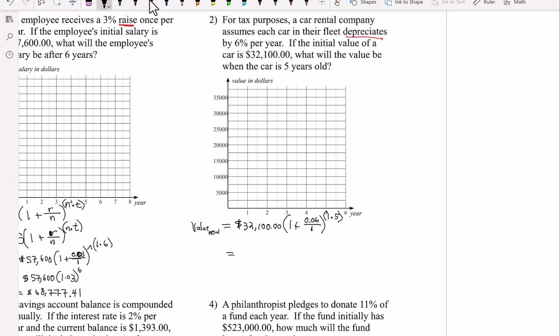Oh, hold on a second. So key thing, when it depreciates, the reason why I caught my error is because the value of the car went up. No. When it depreciates, that's a subtract sign right there. So this becomes 32,100 times 0.94 raised to the 5th power. Almost. That's not good.